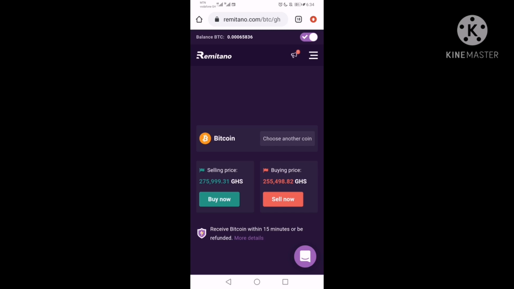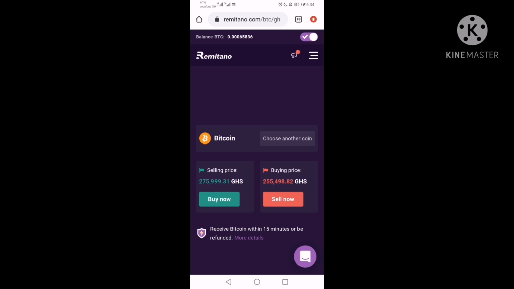Also, Remitano is one of the few websites around where you can purchase or sell your Bitcoin locally for cash. There are other platforms like eCurrency for you and the rest, but in this example, I'll be using Remitano to withdraw or convert my Bitcoin into cash in my mobile money wallet.